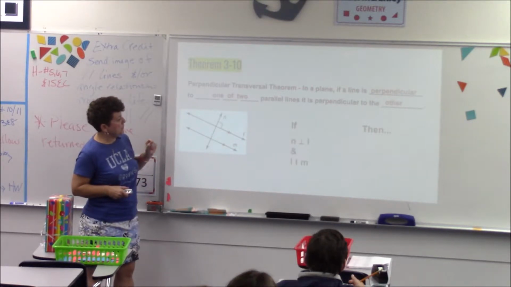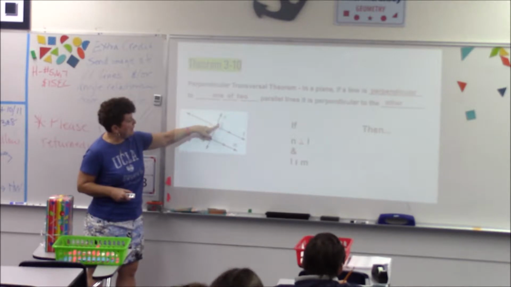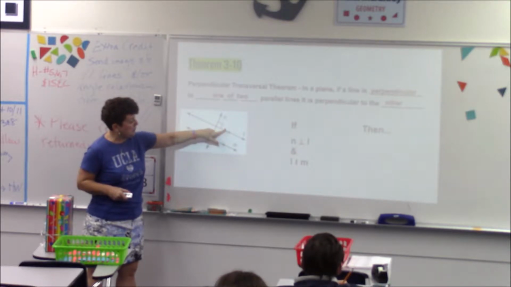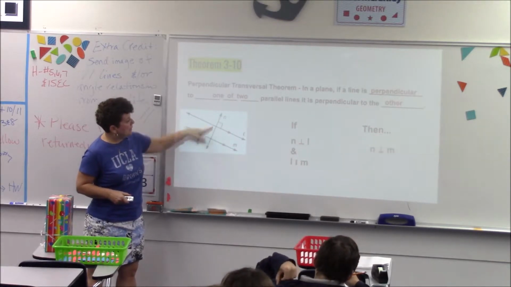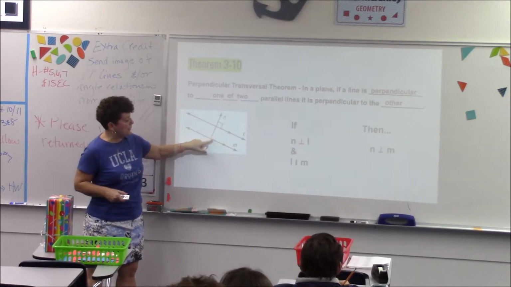So, for this picture, if N is perpendicular to L, and L is parallel to M, we have parallel lines, N is perpendicular to one of them, then N must also be perpendicular to M.